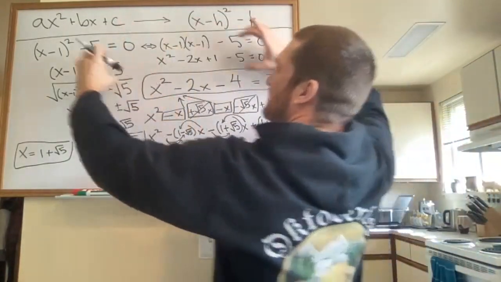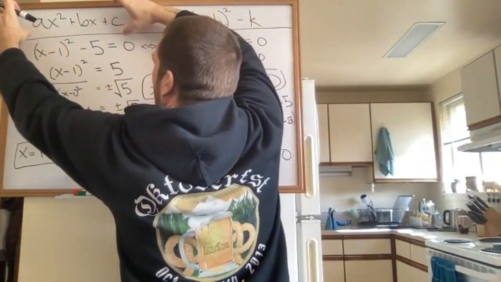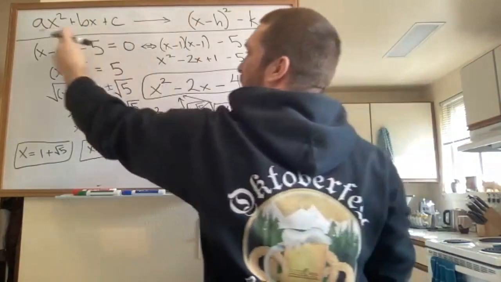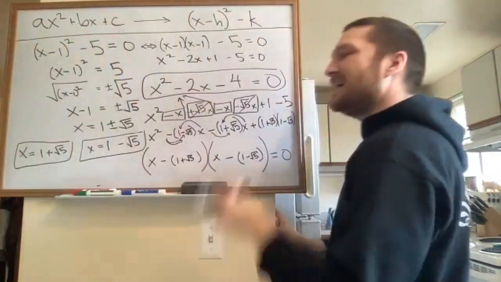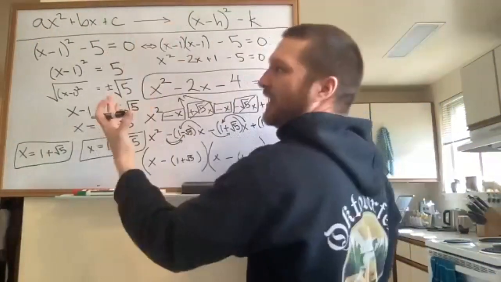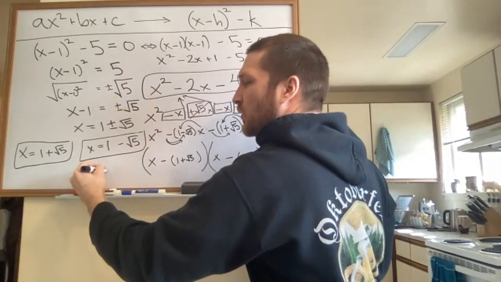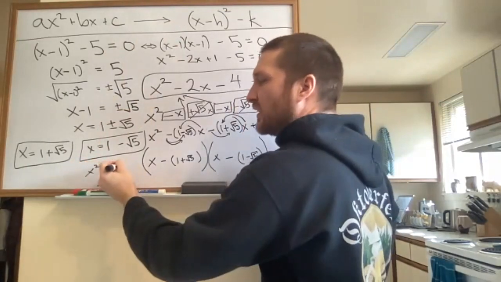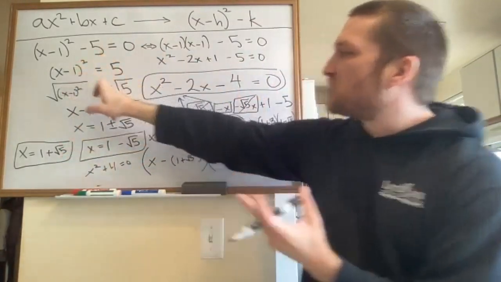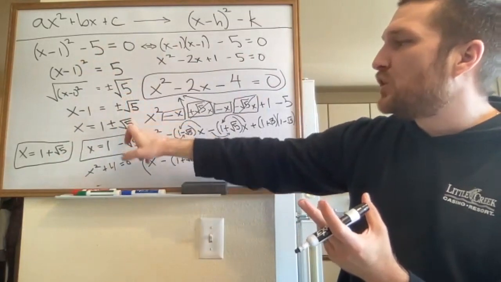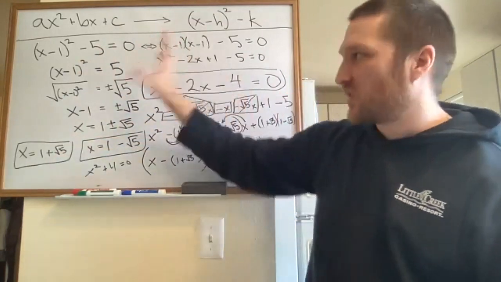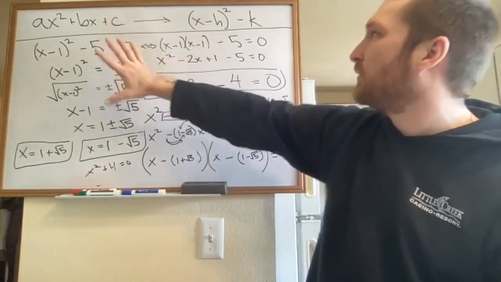Given something like this in the form ax squared plus bx plus c, can I take that and rewrite it in this form that helps me out, that I know I could solve no matter what, even if it comes out to be a complex number, like when we had x squared plus 4, and we made it negative and took a square root and got an i, or even where the square root doesn't reduce and we're left with square roots in our answers. It looks like this method is going to be able to get it.